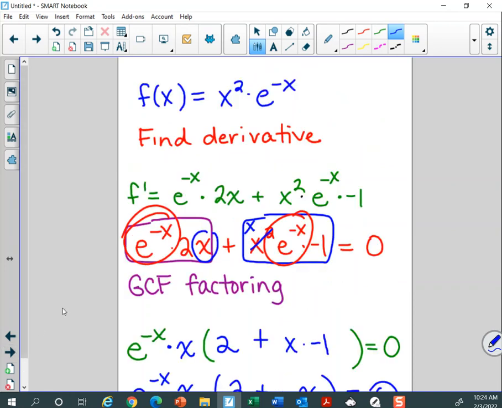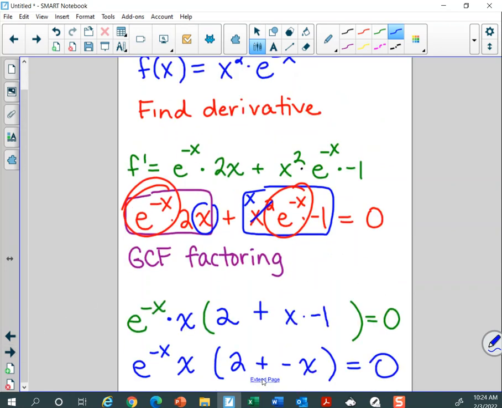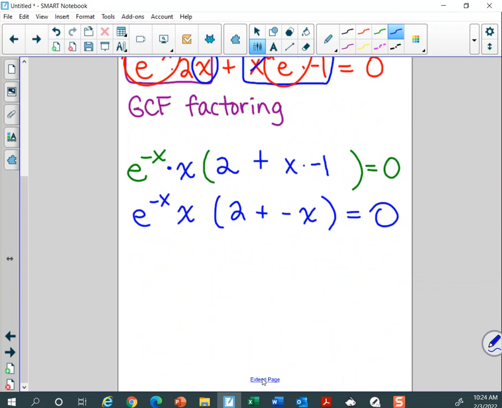So I'm in the midst of the solving part, which is not really a calculus thing. This is more of an algebra thing, but honestly, I know we don't do enough solving with e's in our pre-calculus curriculum. All right, I got this times that times that.